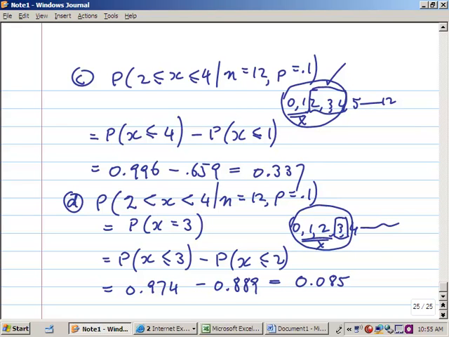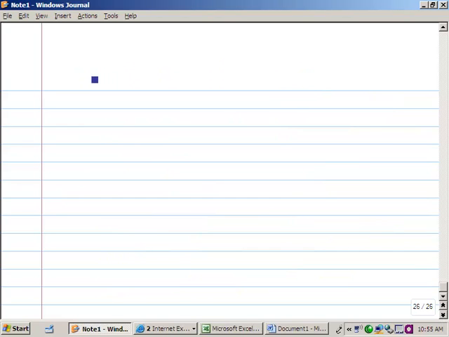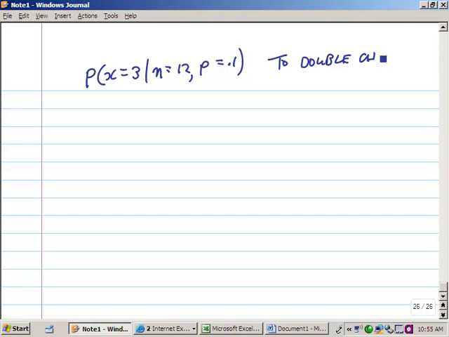Of course, if you were ambitious, you could actually do that calculation with the binomial formula. Let's do that. Alright, so what we have to do is x equal to 3, n of 12, p of 0.1. To double check, you don't have to do this.